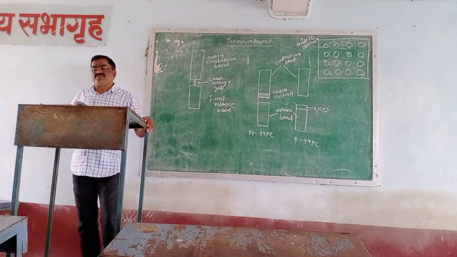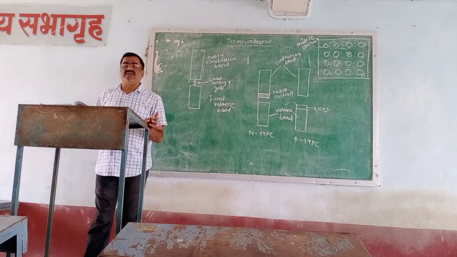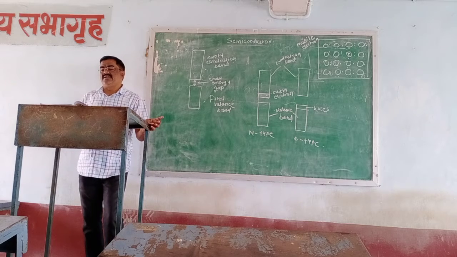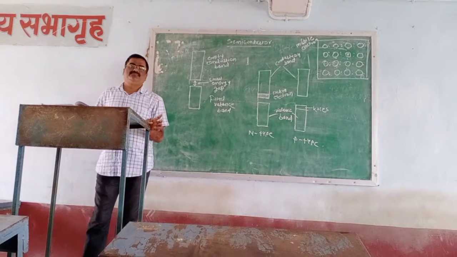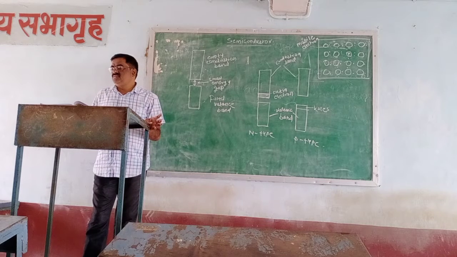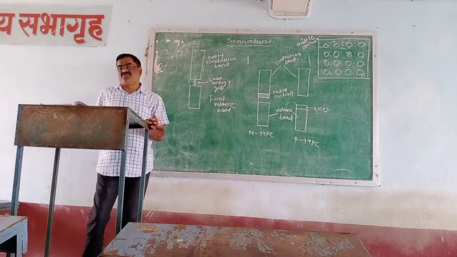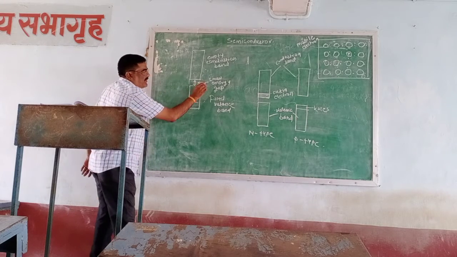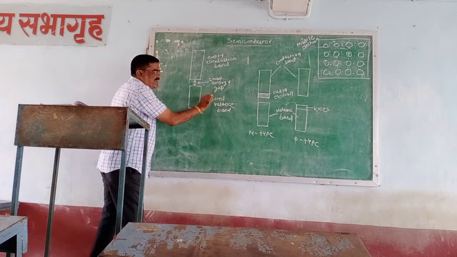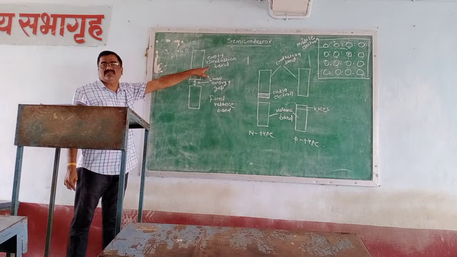Like insulators, the valence band in a semiconductor is completely filled with electrons and the conduction band is empty. However, the energy gap between the two bands is smaller than that of the insulator. Means there is a smaller energy gap between the valence band and the conduction band.